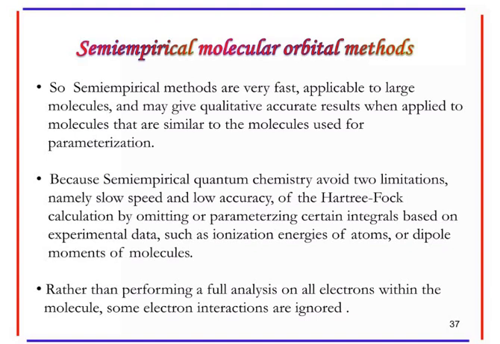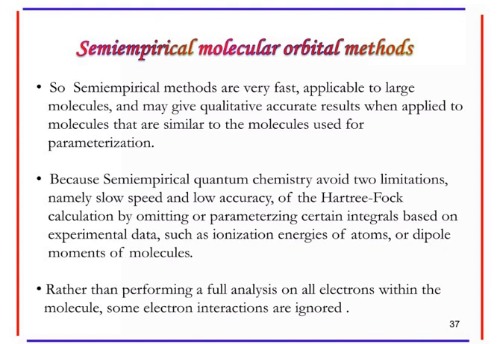So, semi-empirical molecular orbital methods. Semi-empirical methods are very fast, applicable to large molecules, and may give qualitatively accurate results when applied to molecules that are similar to the molecules used for the parameterization.